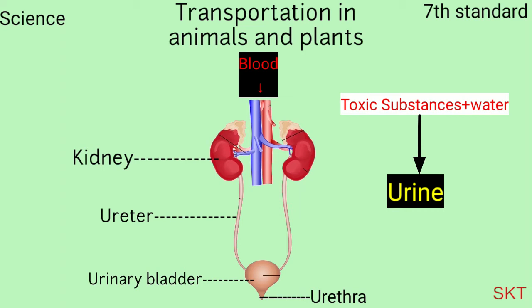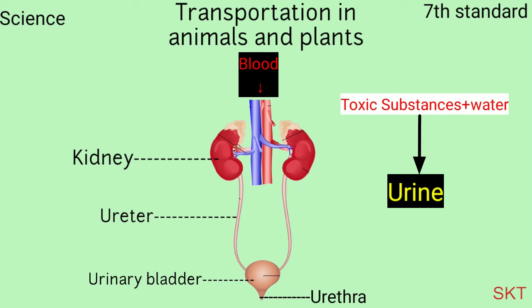So the urethra is the opening for urine to move out. The urinary bladder is the storage compartment of urine, and when this storage compartment fills up, you have to excrete it out. An adult human being normally passes out 1 to 1.8 liters of urine in a day, in a span of 24 hours. Not you, an adult human being.